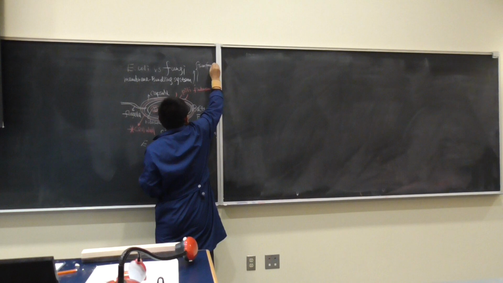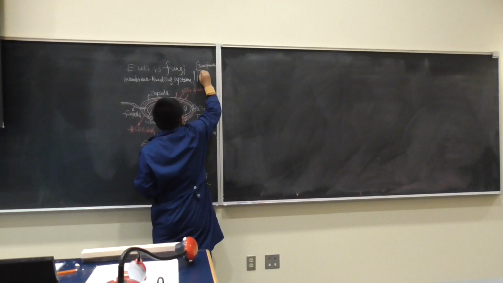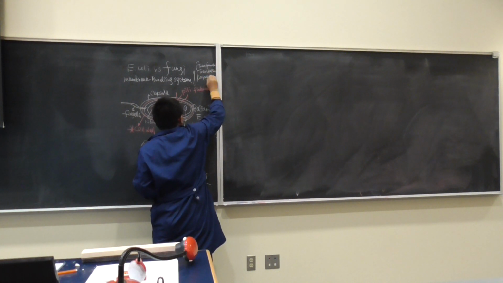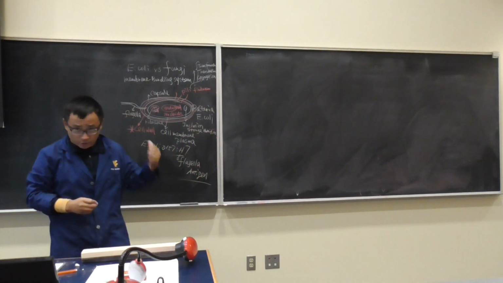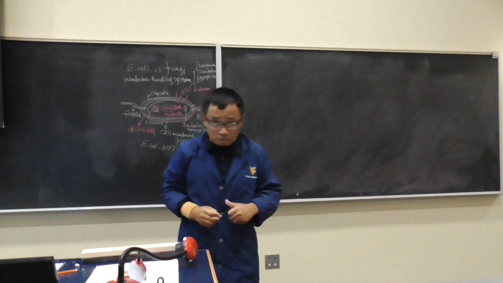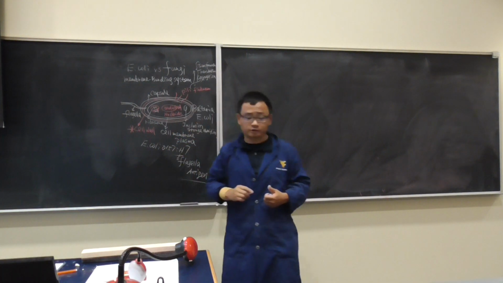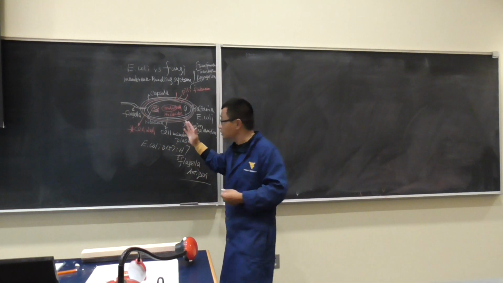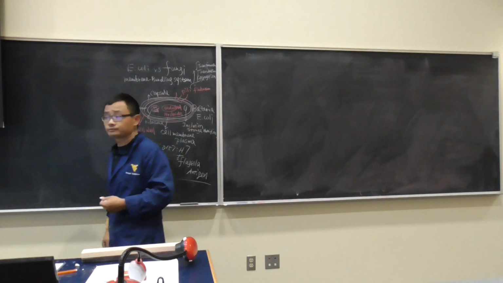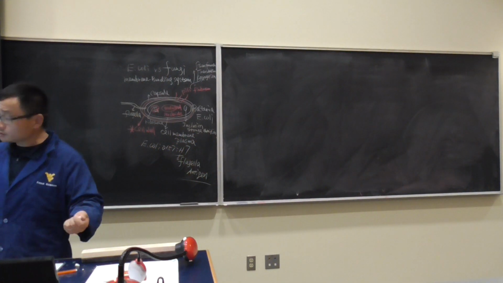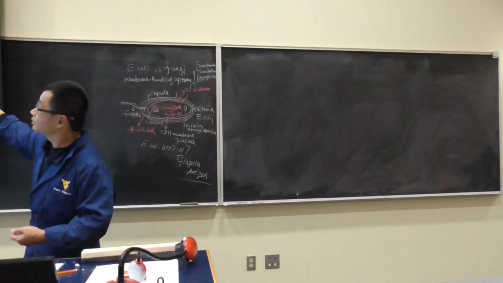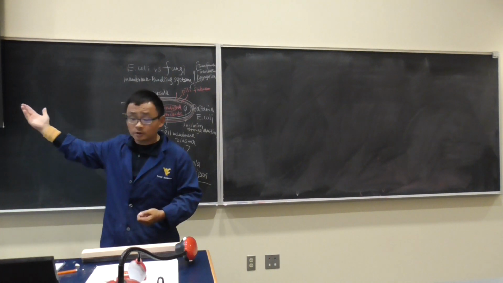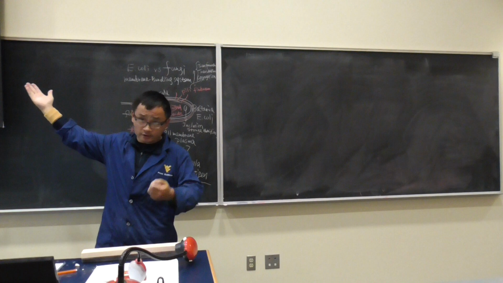Transformation, transduction, and conjugation. The pili are used for genetic communication during the conjugation process. Some people say a little bit of motility function, but more important is genetic communication. This is well explained in the picture right here, so if you draw a picture yourself, you're going to understand it.